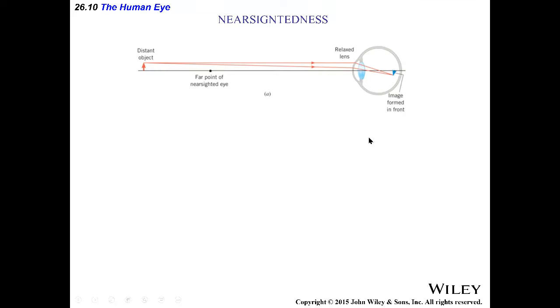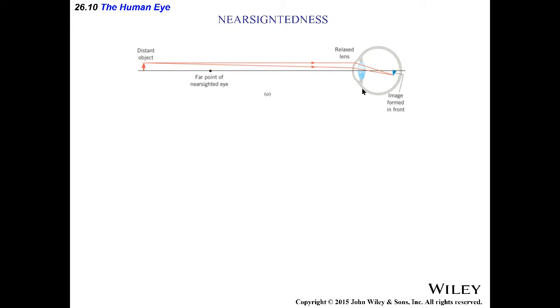Okay, nearsightedness. Nearsightedness is if without glasses and I now look for a distant object, my lens somehow has already been shaped in a form that is the wrong focal length. I don't know if I was born that way, or some people say it's because you study too hard.